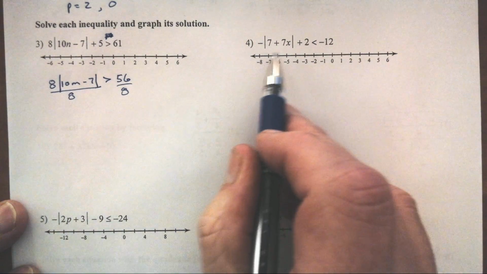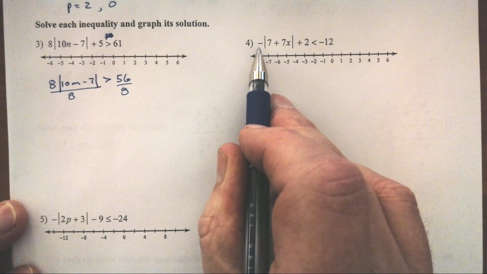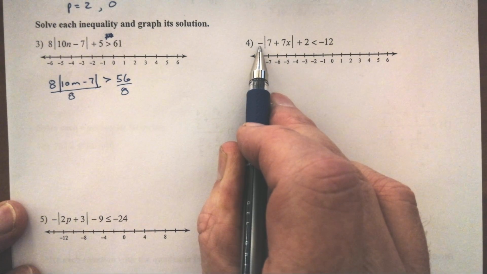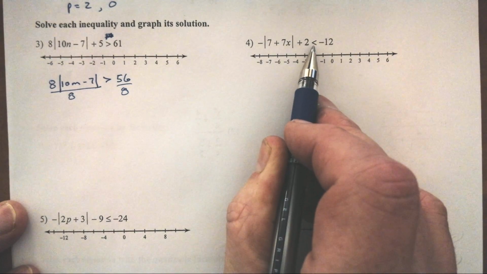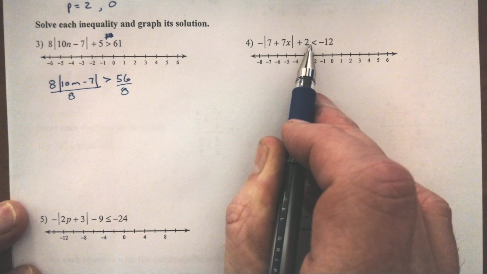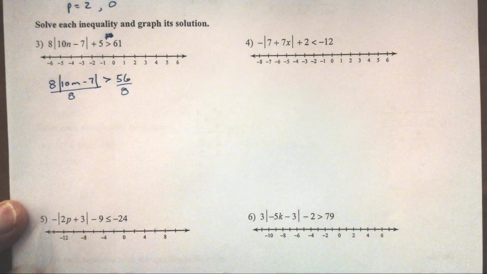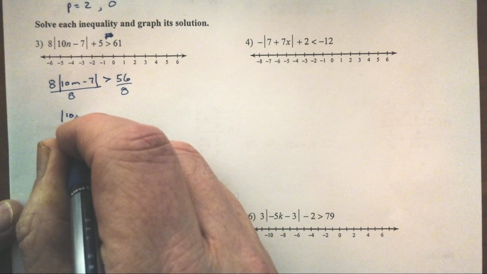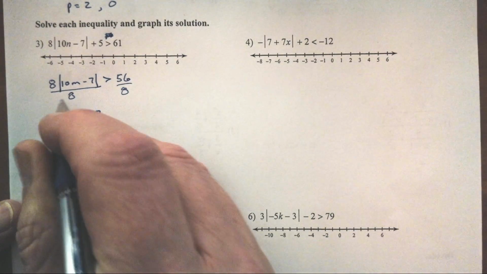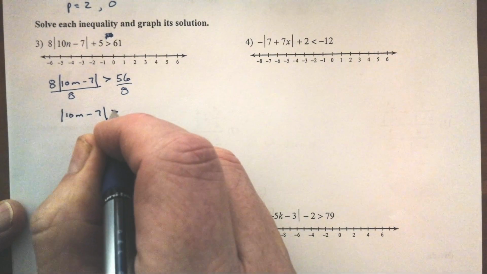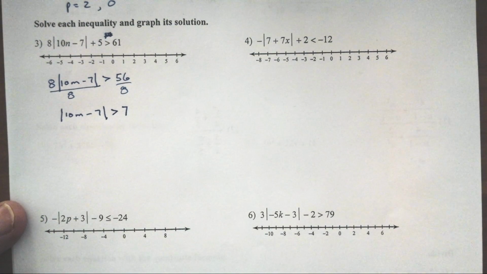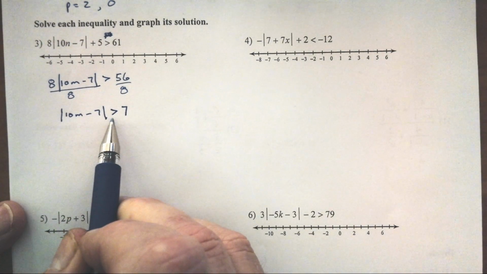Note this problem. At some point, you're going to be dividing both sides by negative 1 to eliminate the negative. When you divide an inequality by a negative, the inequality sign changes. So right here I am at absolute value of 10m minus 7 is greater than 7, and now I'm ready to split this into two separate what would be equations but now inequalities.